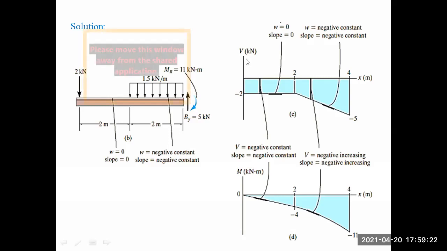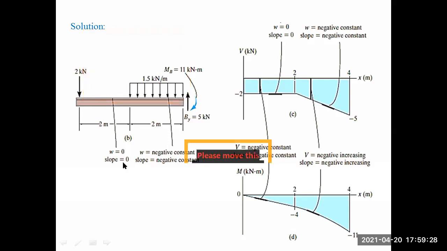There is nothing to calculate from the force diagram. All you need is to know that you have a shear force acting opposite to the external force. So that would make the shear force equal to 2. Upward, we have assumed upward to be the negative. So negative, that's it, up to this point.